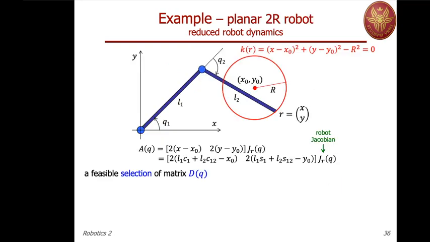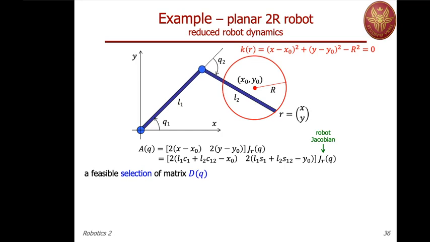In the planar 2R case, this second, a bit more complex example, as before, we have already written the geometric constraint in terms of the task variable, which are the end effector position of the robot 2R.